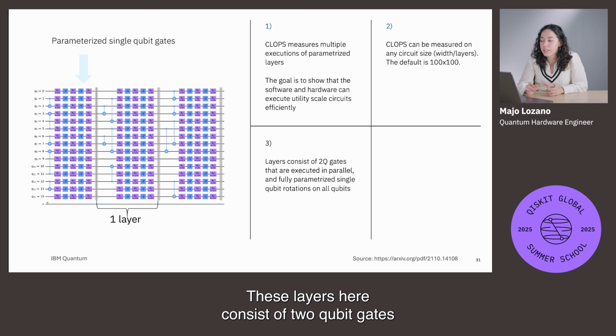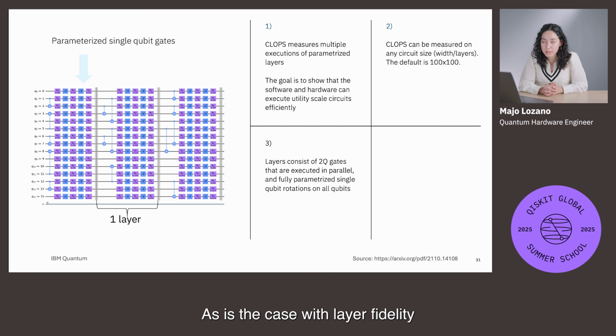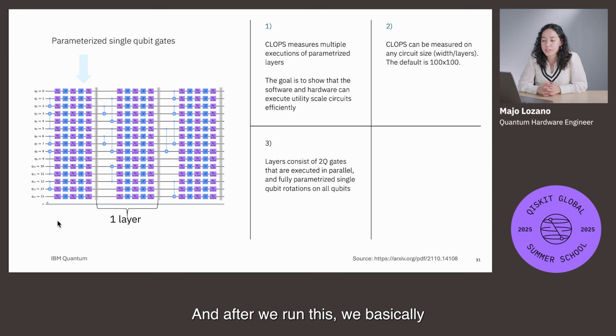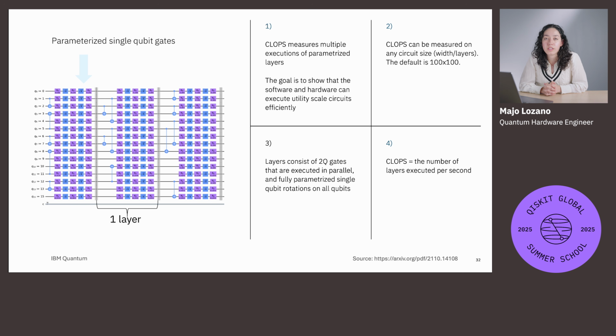So these layers here consist of 2-qubit gates that are fully executed in parallel across as many qubits as possible, as is the case with layer fidelity, and full single-qubit rotations on all qubits. Then after we run this, we basically define CLOPS as a number of layers executed per second.